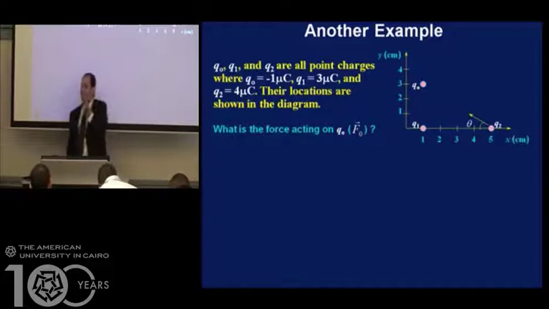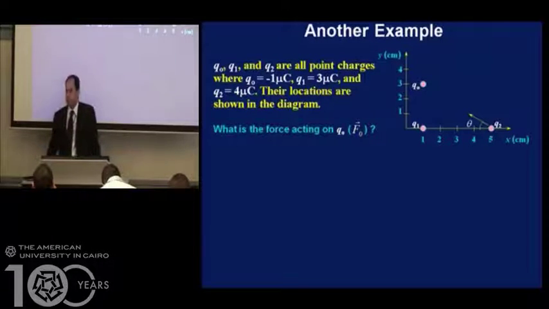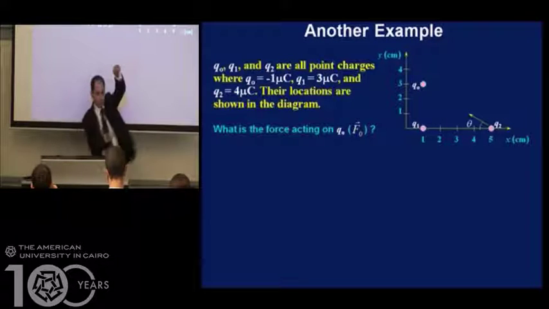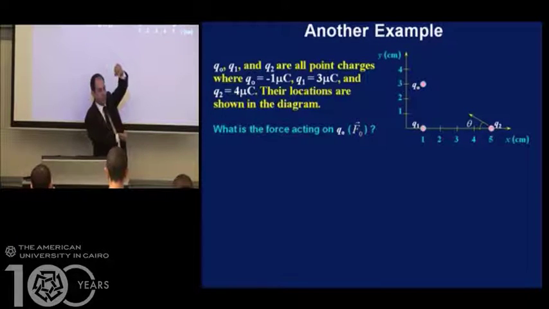What is the direction of the force from Q1 on Q0? Look at the board. It's going to be along negative j. Why is it negative j? Because it's an attractive force. Q1 is going to pull Q0 along that direction, negative j.